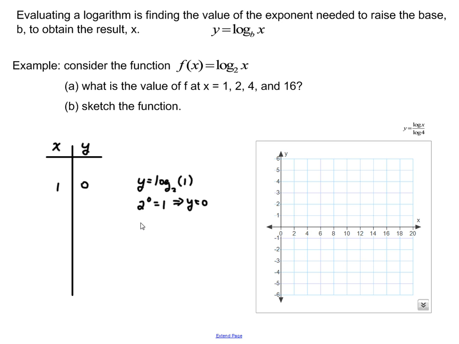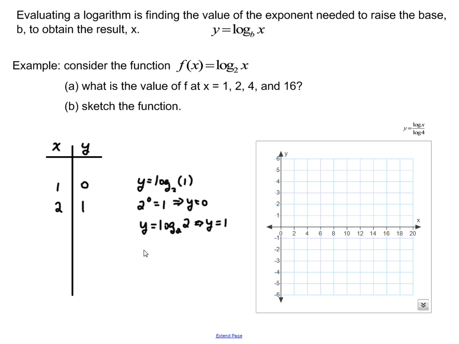Let's try a few others. What would happen if we take y equals the logarithm base 2 of 2? We're saying to what power y must we raise the base 2 in order to get 2? Well, in this case, our conclusion must be y would have to equal 1 for that to happen. So our graph must pass through the point (2, 1).